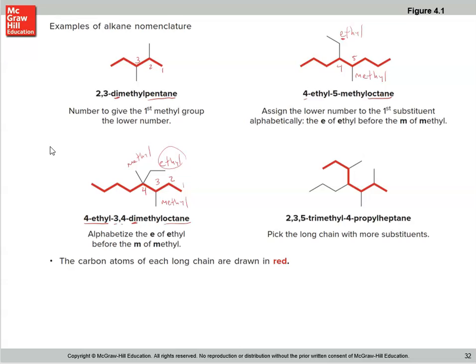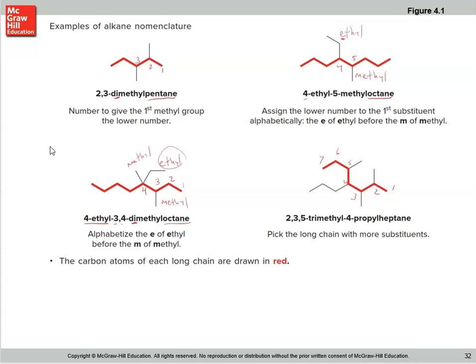If I go from right to left, I would number this 1, 2, 3, 4, 5, 6, 7. And that will give me a group on the 2, the 3, the 4, and the 5, versus if I do 1, 2, and a 3, from left to right, the first number would be a 3 versus a 2, so I know I need to count from right to left.